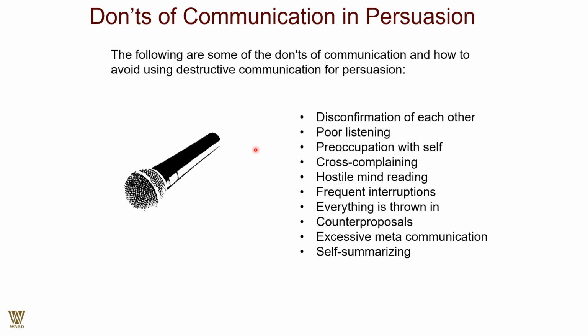Now, if we have spoken about the do's of communication, let us look at the demerits or the don'ts of communication in persuasion. This is how communication can lead into a pitfall or detrimental effect if you persuade and over-persuade. So, disconfirmation of each other.